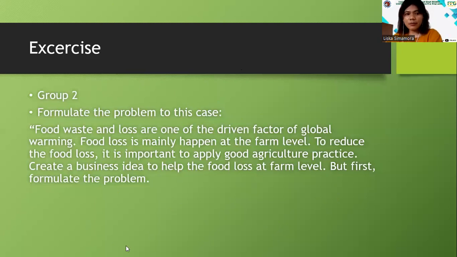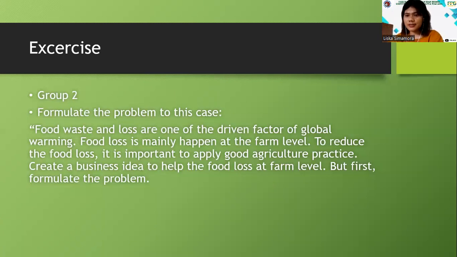And some of you choose exercise 3, and you have to formulate the solution based on the problem formulated in case 3 here. This is about increasing the value added of yellow pumpkin, and then you formulate the solution to help the farmer solve the problem.